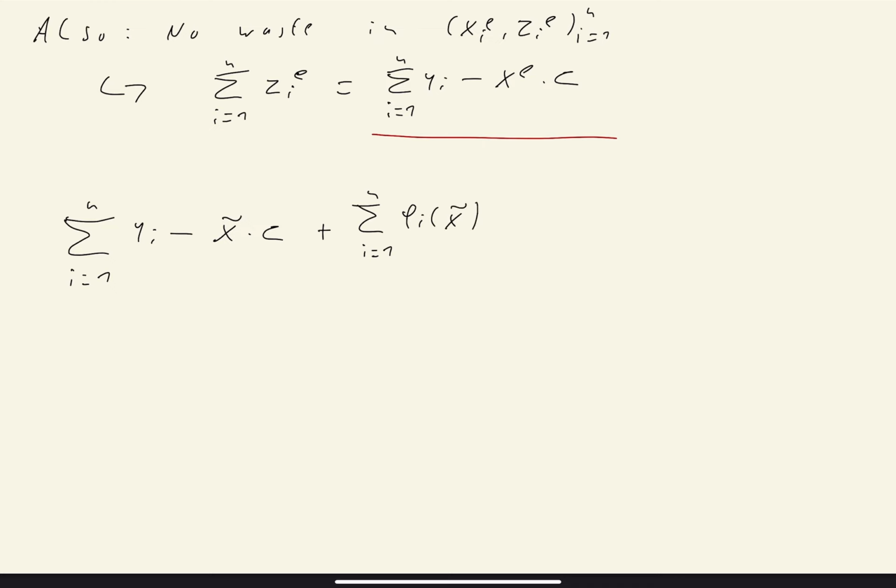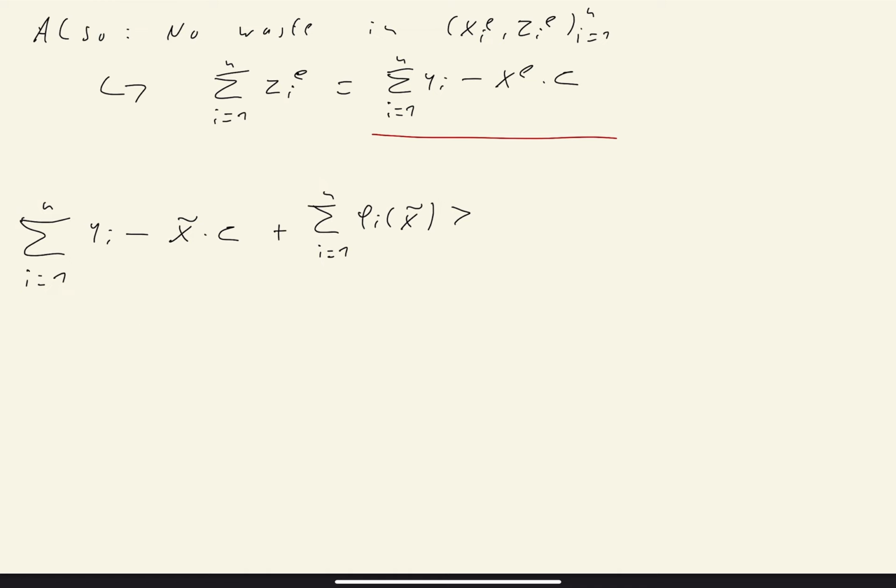So this is then strictly larger than the sum of endowments minus the production cost of the public good under the E allocation, plus the sum of the individual utilities for the public good under the E allocation.